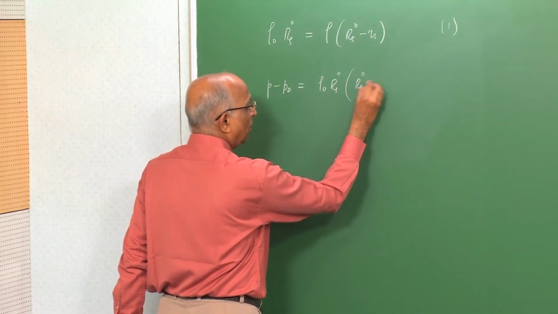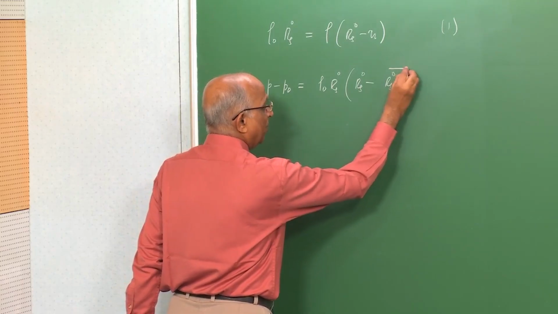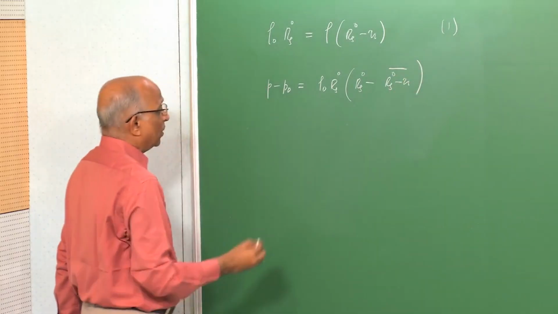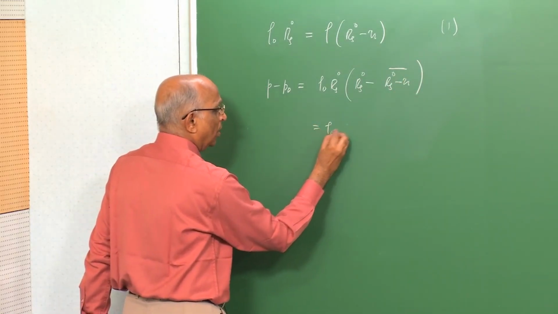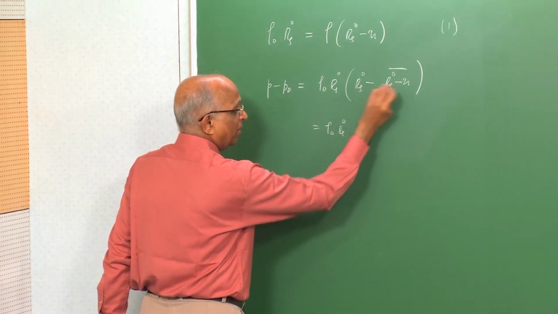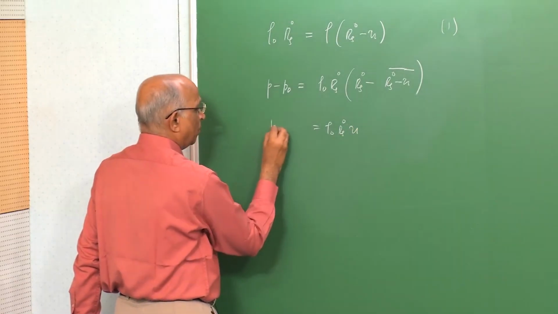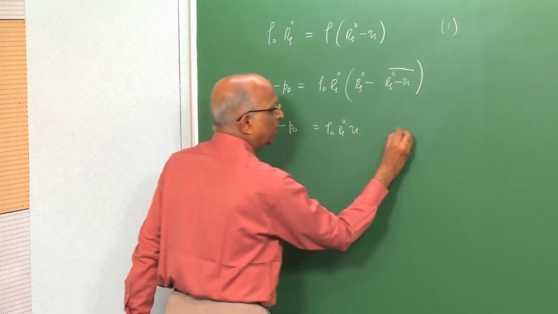The velocity behind is R_s dot minus u, so the change in velocity becomes plus u, and therefore this gives rho 0 R_s dot into u is equal to P minus P0, which is the momentum equation.